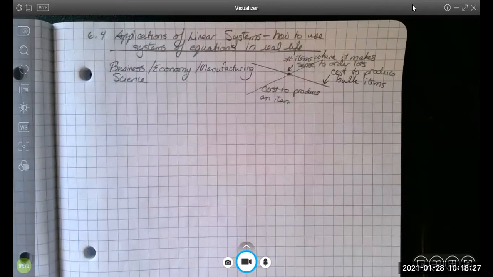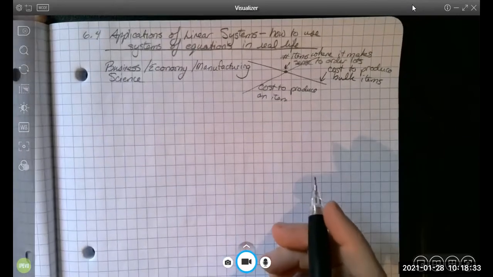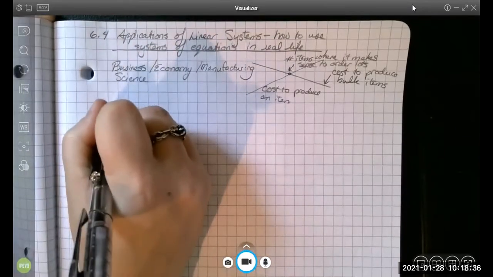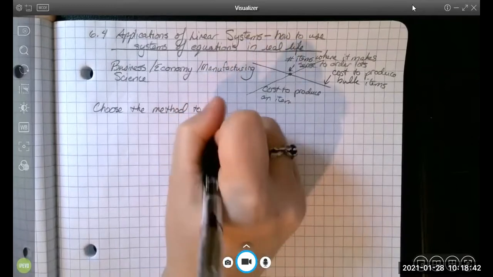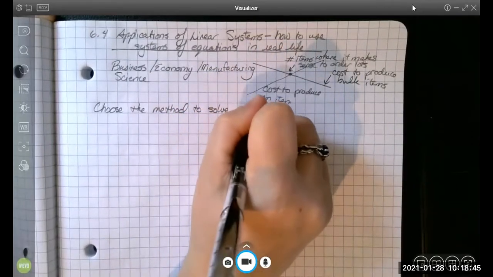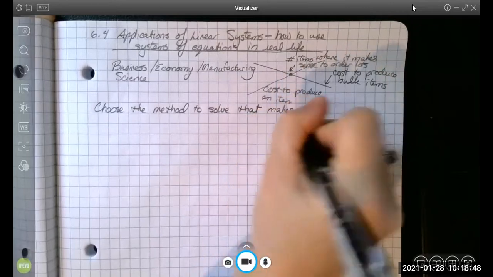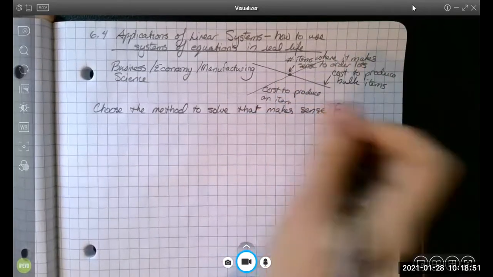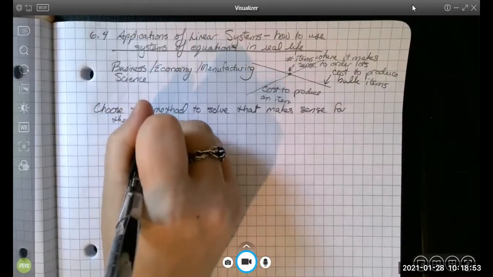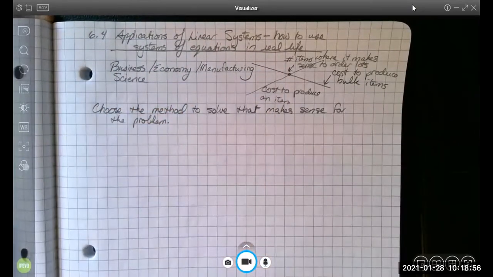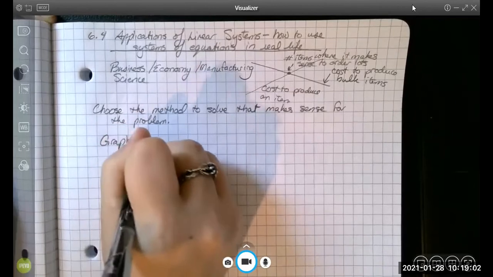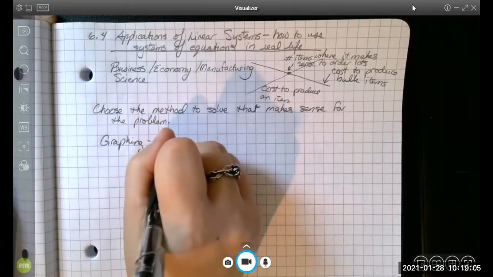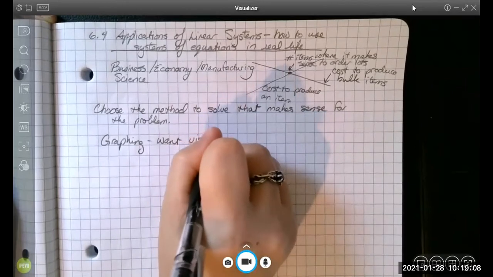Okay. So now that we're talking about how it's useful, let's talk about how we can actually use it. So I would say choose the method to solve that makes sense for the problem. If you're graphing, then you obviously want a visual representation.